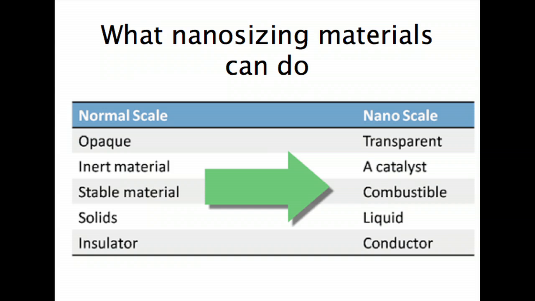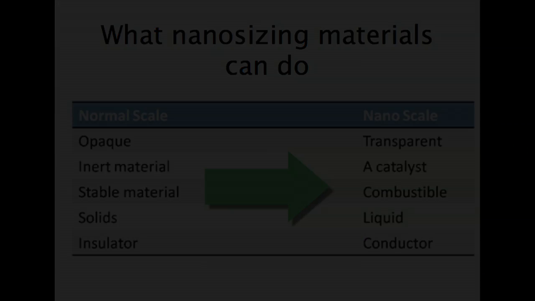And that has great benefits, potentially, in technology, but of course it also has risks, because the toxicology of a particle on the macroscopic scale may differ radically when you turn it into, for instance, a nanoparticle or a nanopowder.